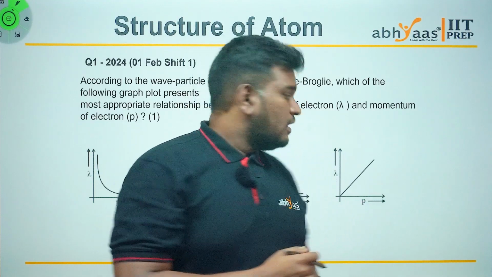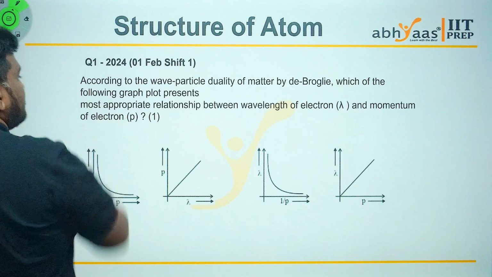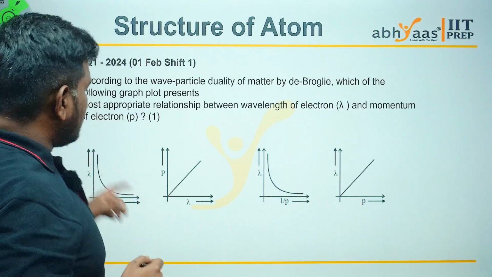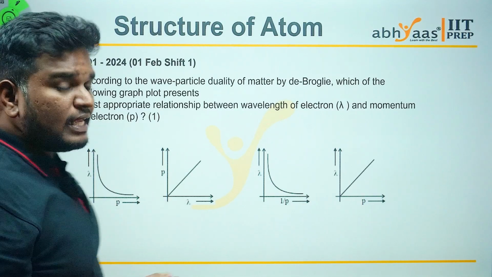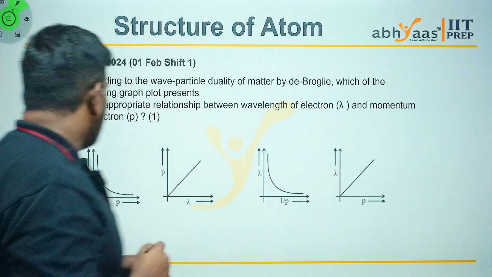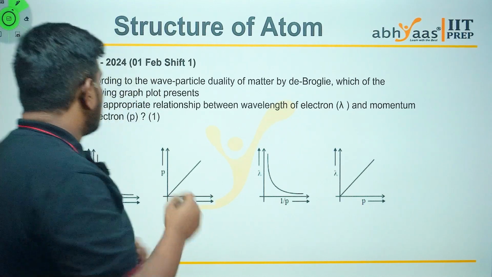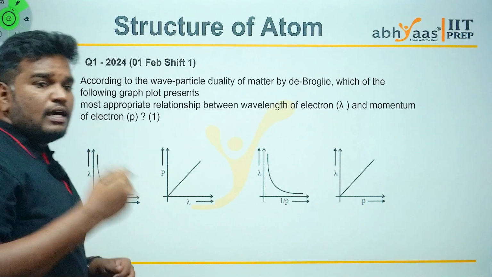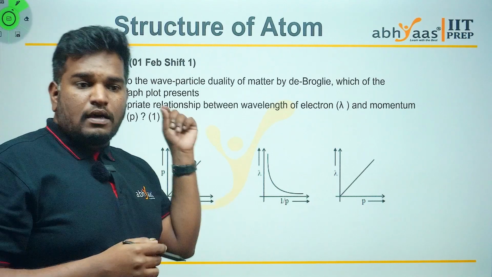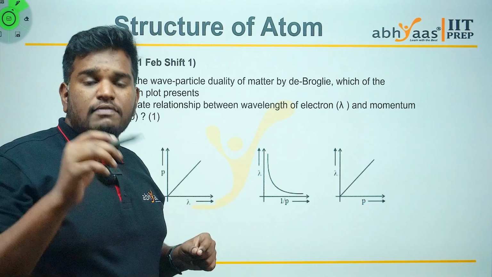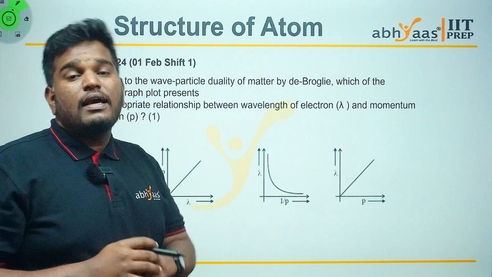The first question is that we have to find which is the graph which is showing the correct relationship between lambda and momentum. Right, wavelength and momentum. So you know how we can relate this particular wavelength and momentum? We have the de Broglie hypothesis.